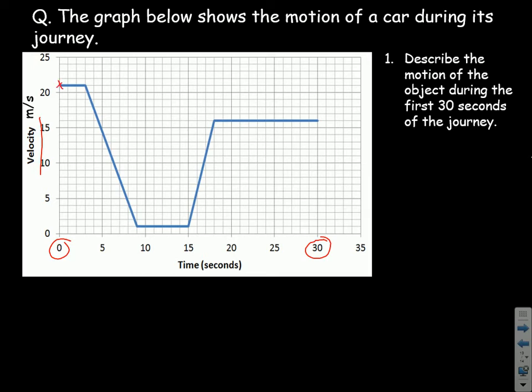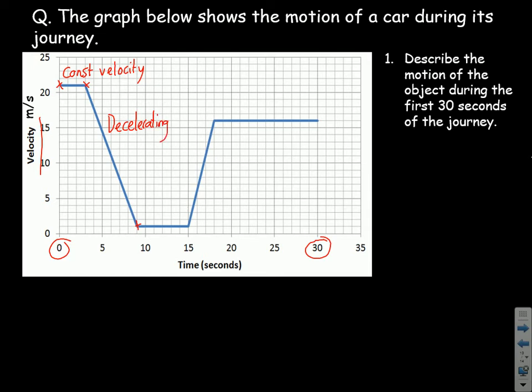So from here to here, its velocity is not changing, so it must be a constant speed, or constant velocity. Then the next part, it drops, but it is a straight line, so we know that it is uniform deceleration. So it's decelerating.